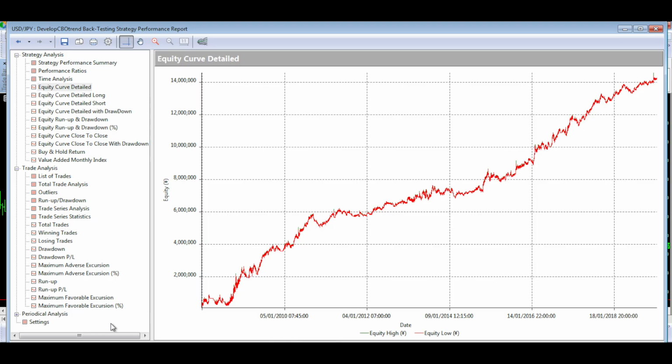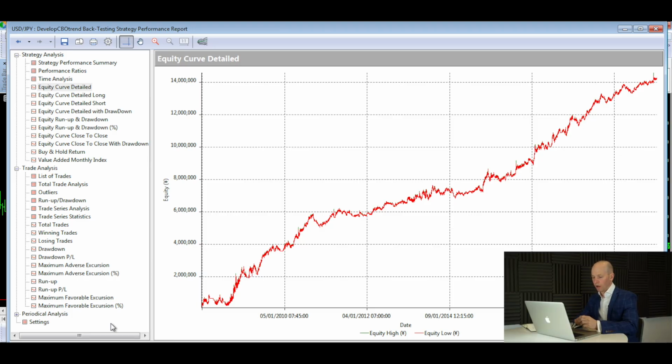But I'm going to take it right up to the end of 2018 because that's when the strategy was working very well. So we'll look at that on the screen now. And there's the equity graph. We can see far left hand side is 2008 right the way through till the end of 2018, and I think you'll agree that it's quite a nice equity curve.